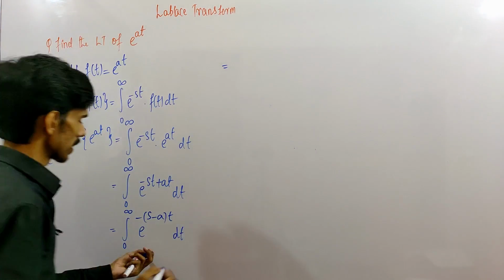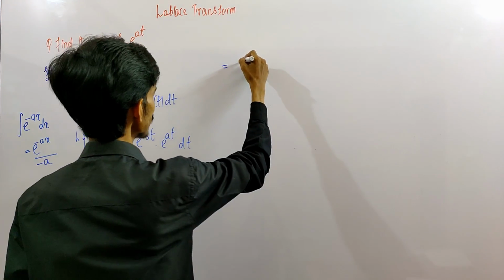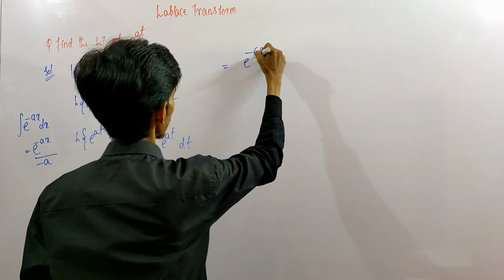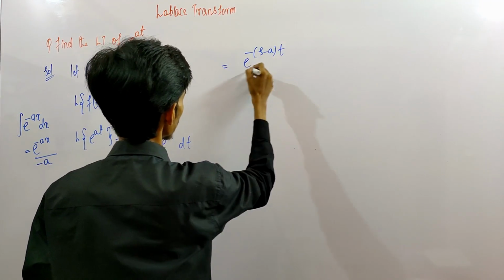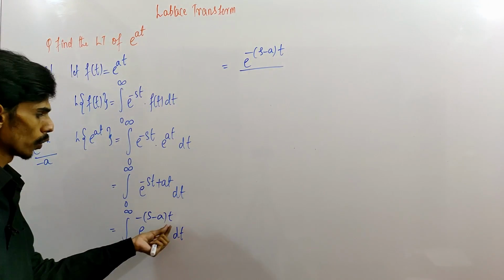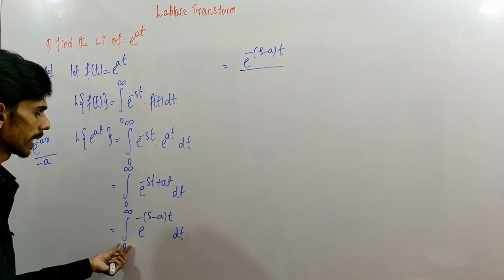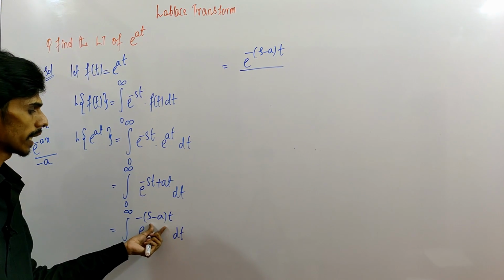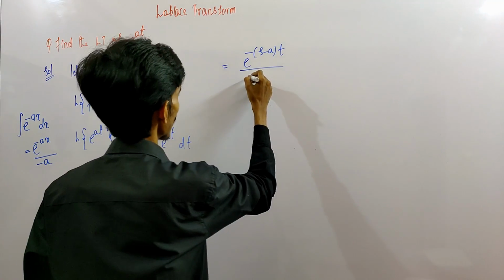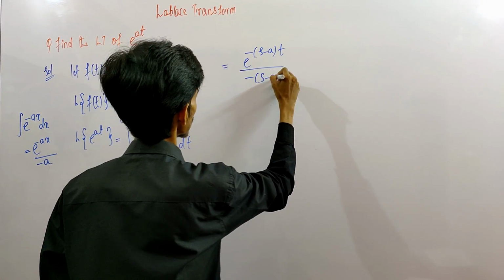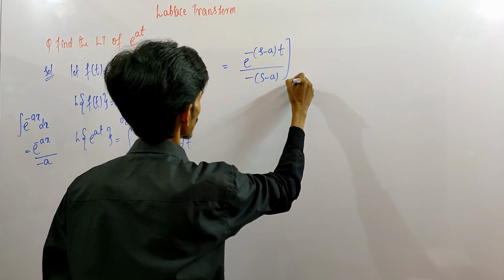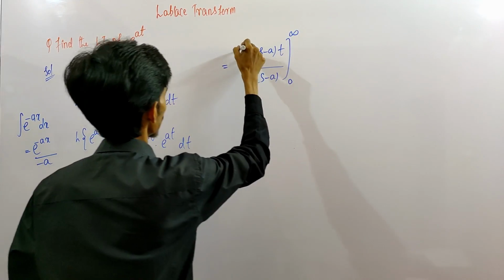So it will become same function e power of minus of s minus a into t divided by coefficient of t, since we are integrating with respect to t. So take coefficient of t. Here we have minus of s minus a, limits 0 to infinite.